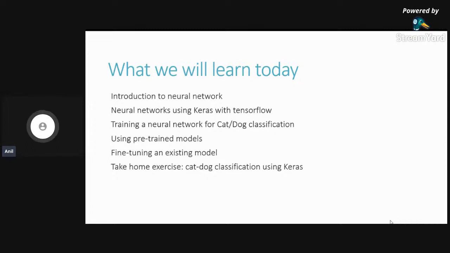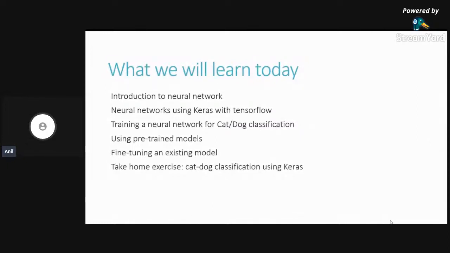And then we will be using some pre-trained models, and then we will be fine-tuning an existing model for image recognition. For example, cat, dog classification, mask, no mask classification, face, no face classification. Those are the tasks that we can do by fine-tuning an existing model.